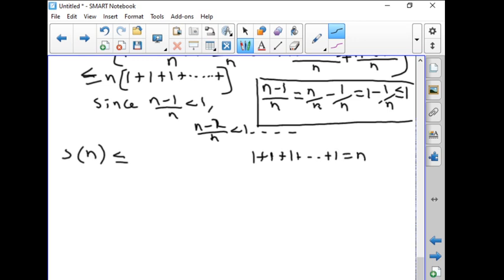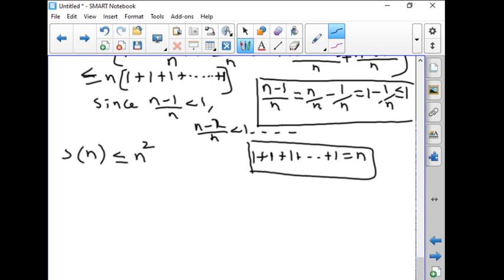It is equal to, sorry, it is equal to n. அப்போ இது என்னவா வந்துரும்? n square. n into n is n square. Okay. So s of n is less than or equal to n square. Okay, keep it as it is.